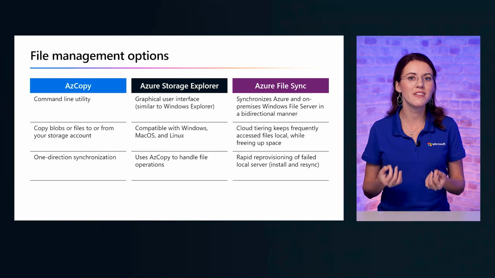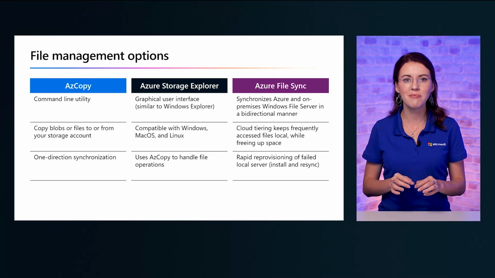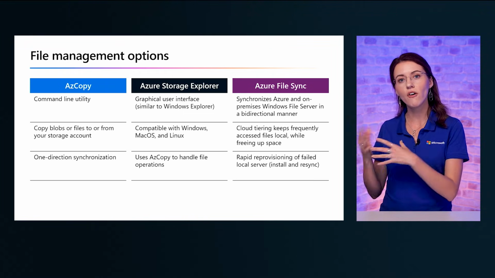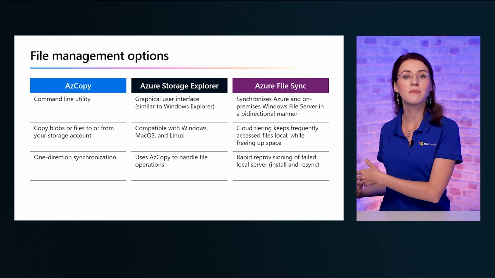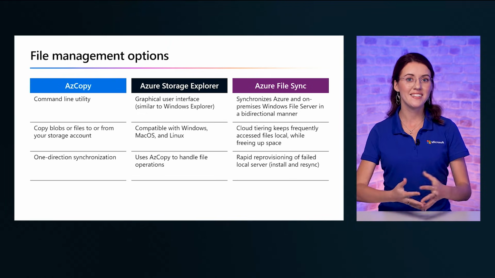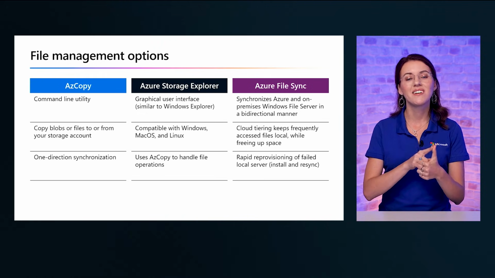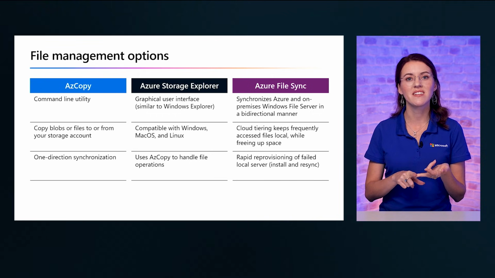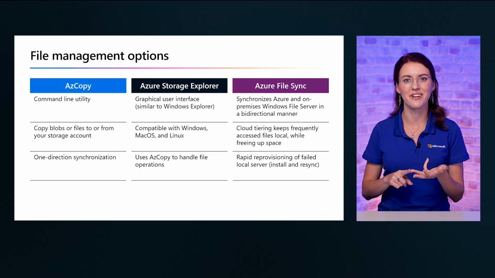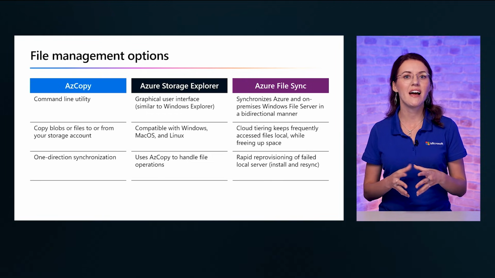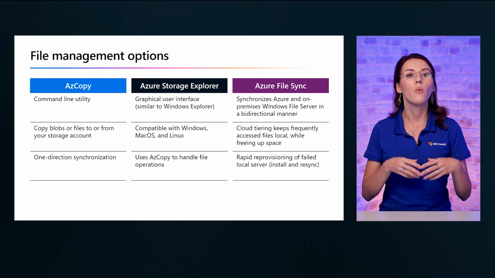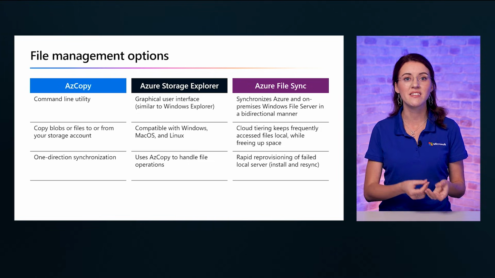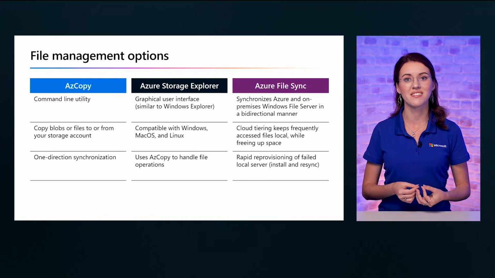AzCopy is a command-line utility that can be used to copy blobs or files to or from a storage account. With AzCopy, you can upload, download, copy files between storage accounts, and even synchronize files. AzCopy can also be configured to work with other cloud service providers to move files between clouds.